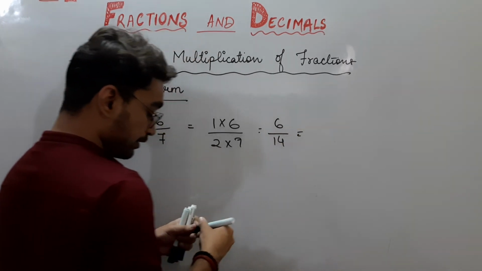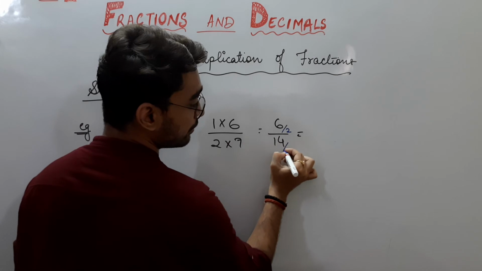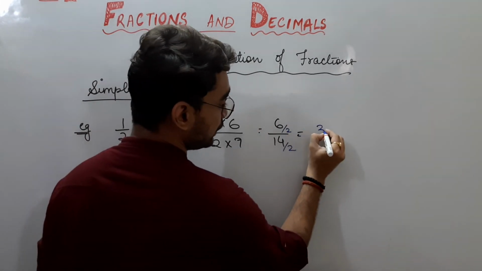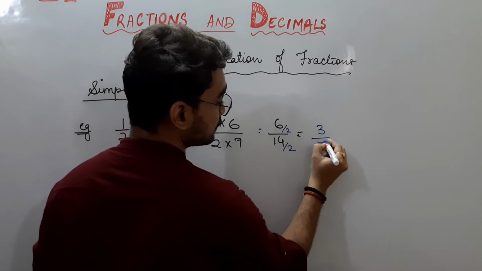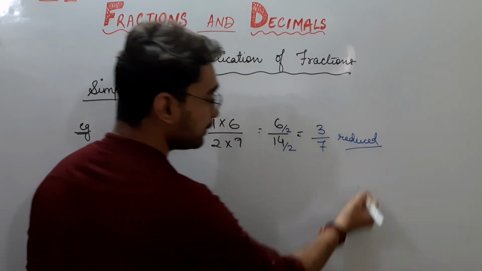How can I reduce it to the simplest form? By dividing both the numbers by 2. 6 divided by 2 is 3, and 14 divided by 2 is 7. This will be the reduced form, or I can call it the simplest form.